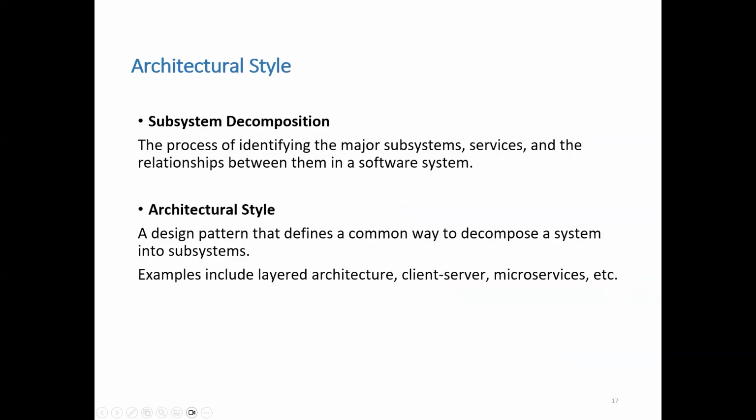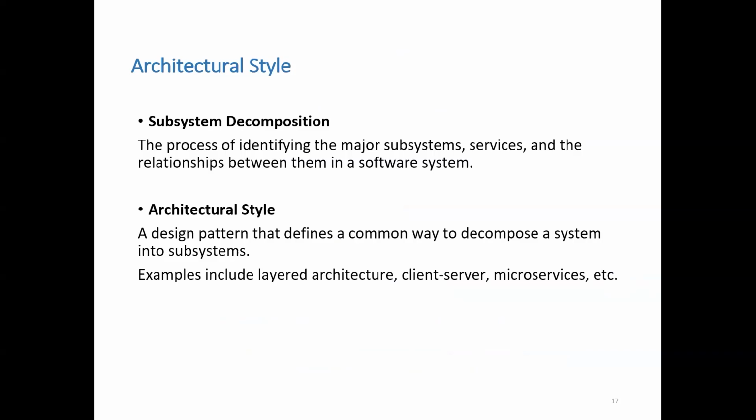Let's define what we mean by subsystem decomposition. Think of it as the high level blueprint of a system, where we break down the system into major parts like subsystems and services and define how they relate to each other.